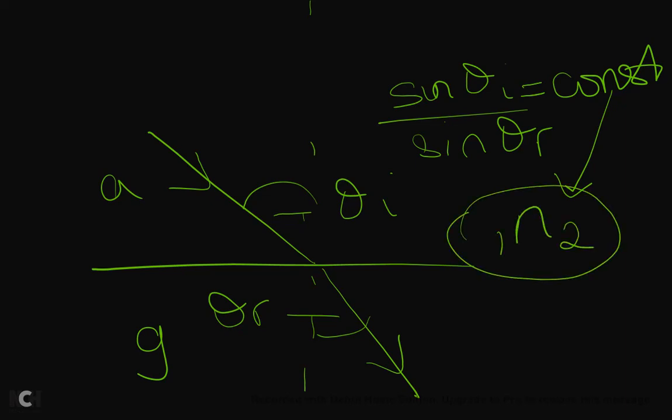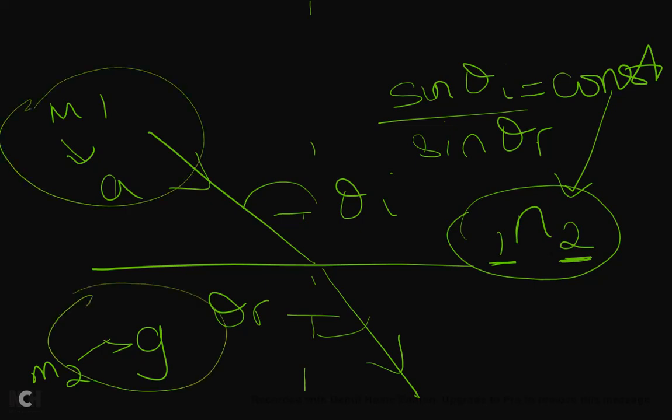n12 tells you that a ray is leaving medium 1 and entering medium 2. In this case, medium 1 is air and medium 2 is glass. So when my ray leaves air and enters glass, it will bend towards the normal. I would have a certain angle of incidence and a corresponding angle of refraction, and if I find sine theta I over sine theta r, the number I get will be a constant value.